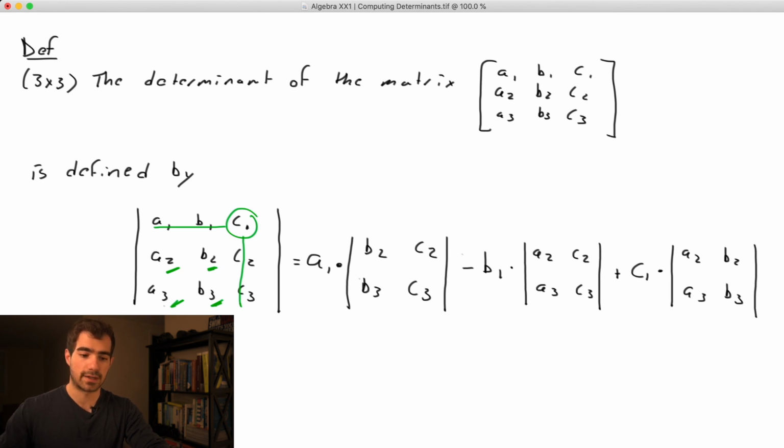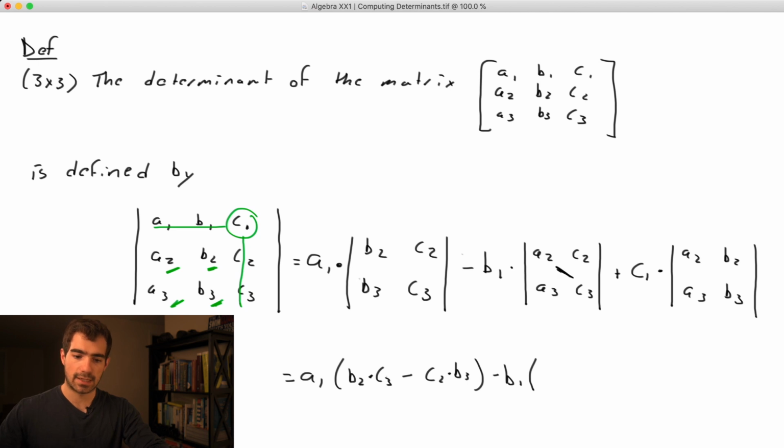And so we can simplify this out further because we know how to take the determinant of each of these. And so we can call this A1 times B2 times C3, right? The product of this diagonal minus the product of this diagonal, C2 times B3. And then minus B1 times the product of our first diagonal, A2, C3, minus the product of our second diagonal, C2, A3.